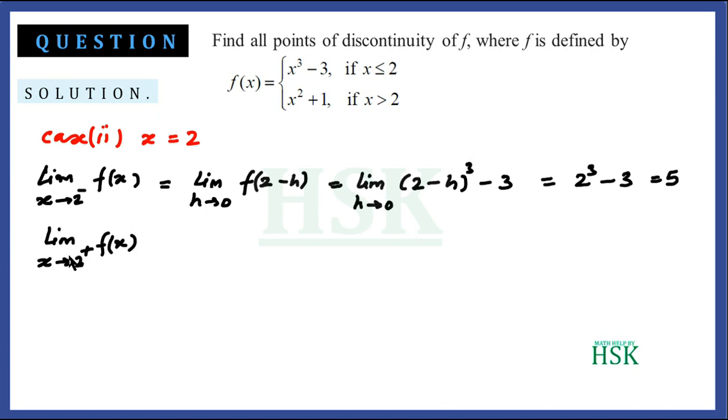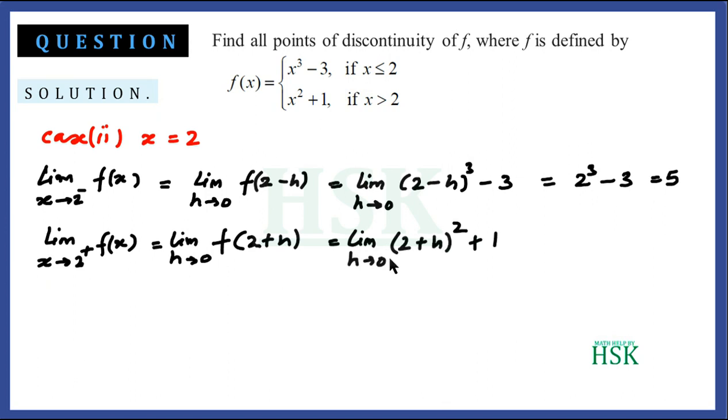So right hand limit of the function when x tends to 2 would be equal to limit of x tends to 2 positive of f(x), and this would be equal to limit of h tends to 0 of f(2 plus h), and this would be equal to limit of h tends to 0 of (2 plus h) whole square plus 1. On placing h is equal to 0, this would be equal to (2 plus 0) whole square plus 1.